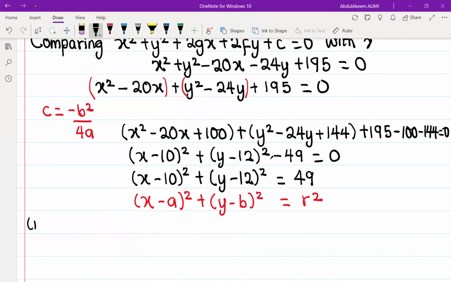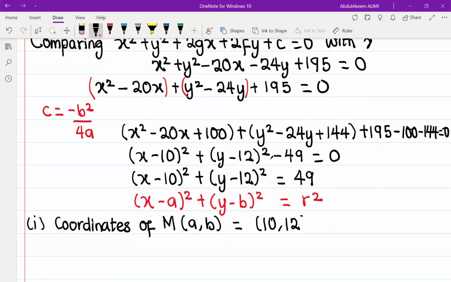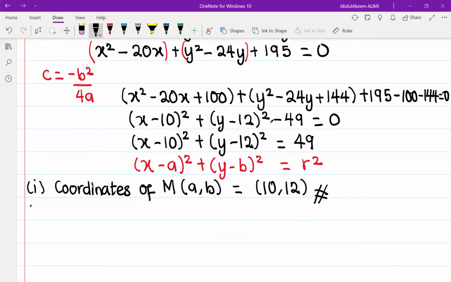So the first thing we are told to look for is the coordinates of M. The coordinates of M are (a, b), so this gives us (10, 12). That's all. The second one, we are told to look for the radius.